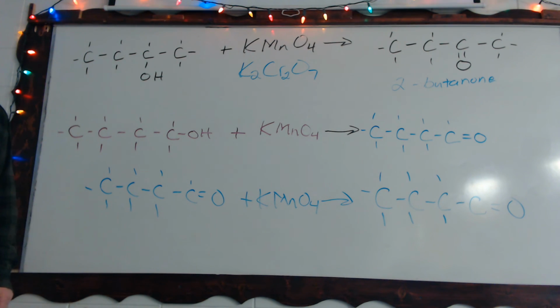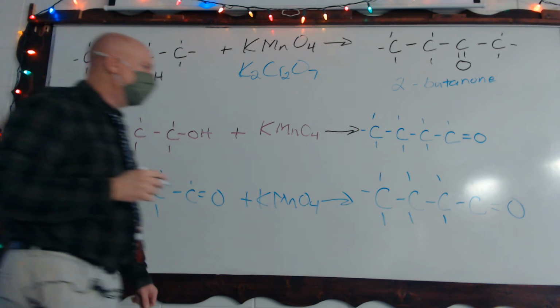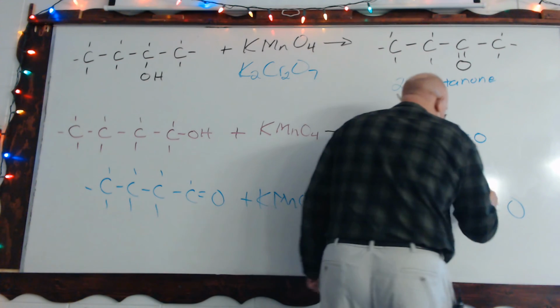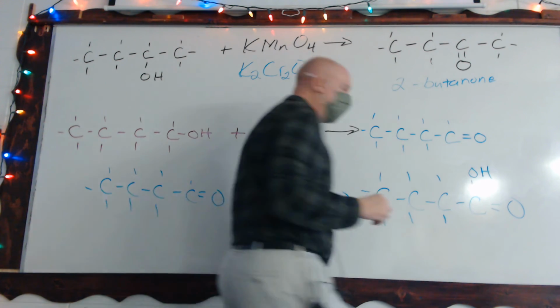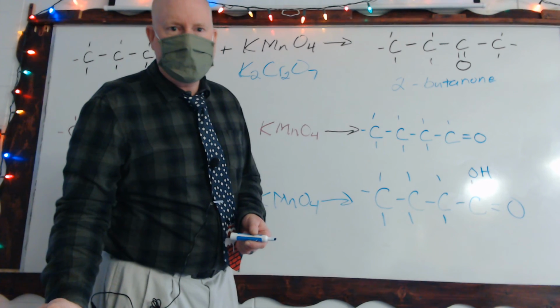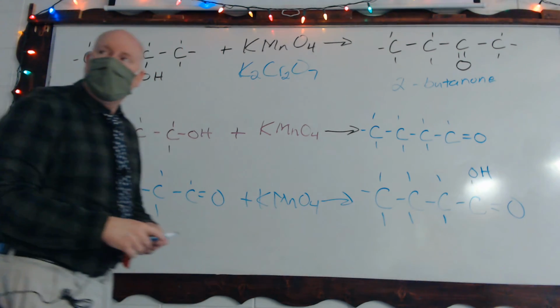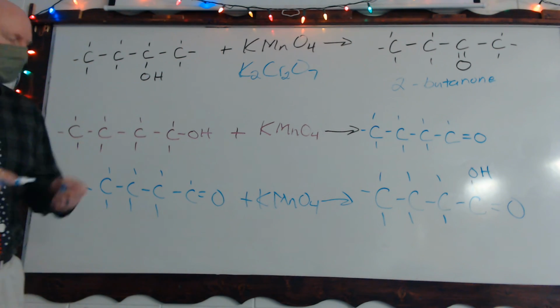But how do we make that into an acid now? What does it tell you on? Yep, we need an OH. That is butanoic acid.